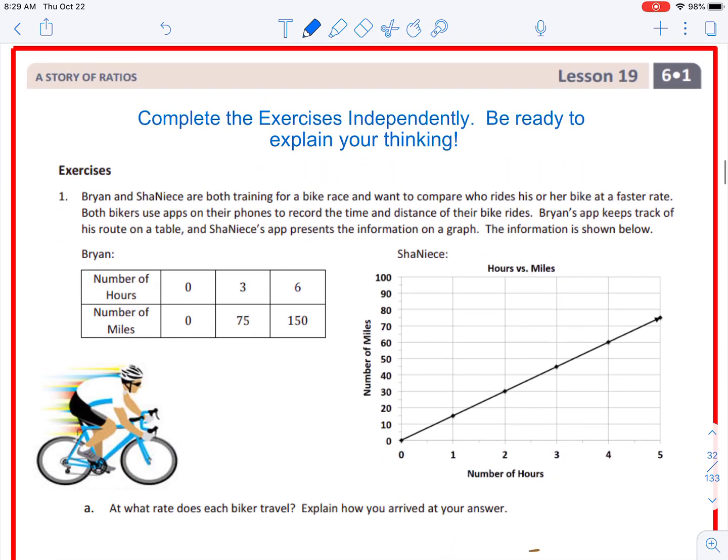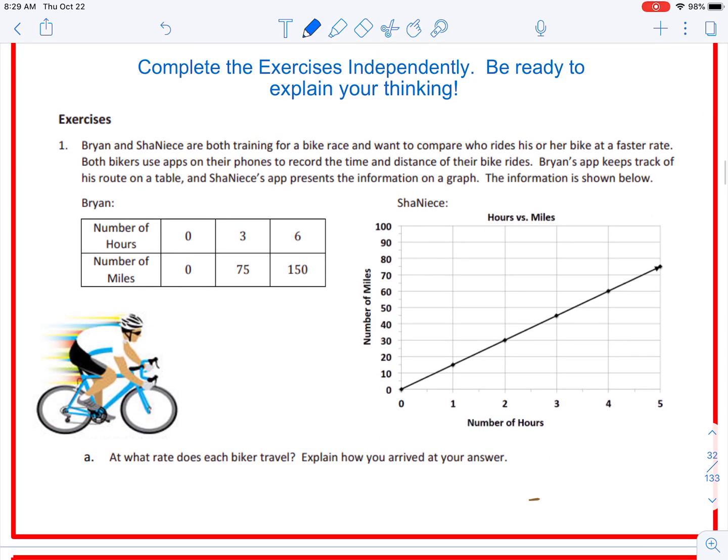We're going to start with exercise 1. Okay, this tells us Brian and Shanice are both training for a bike race and want to compare who rides his or her bike at a faster rate. Both bikers use apps on their phones to record the time and distance of their bike rides. Brian's app keeps track of his route on a table, and Shanice's app represents the information on a graph.